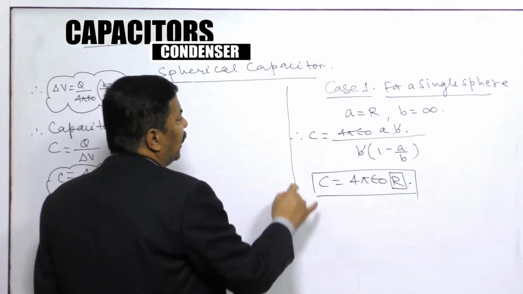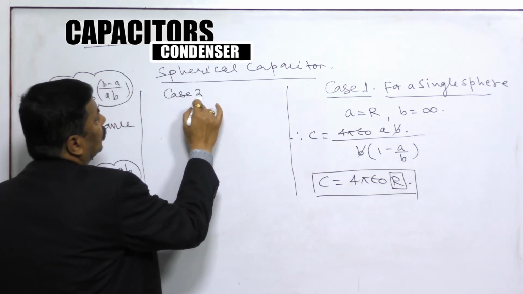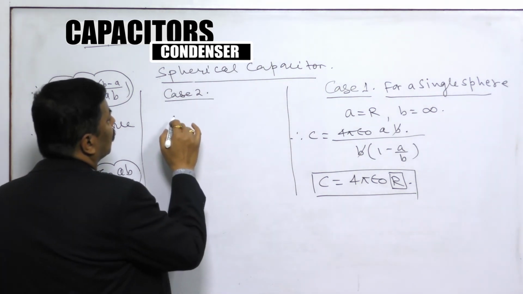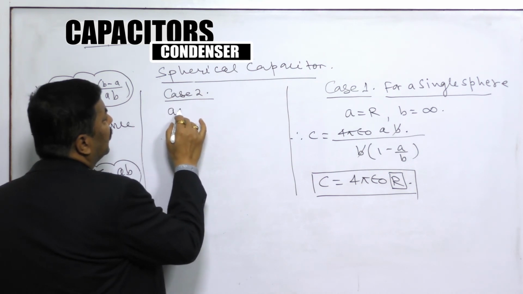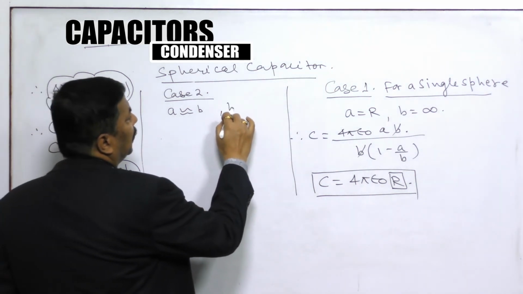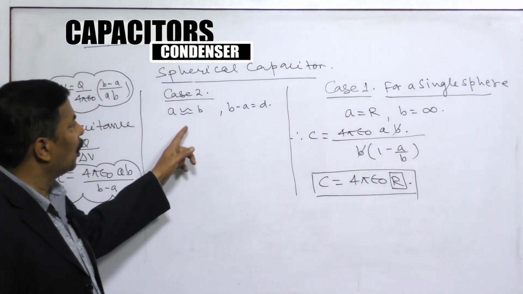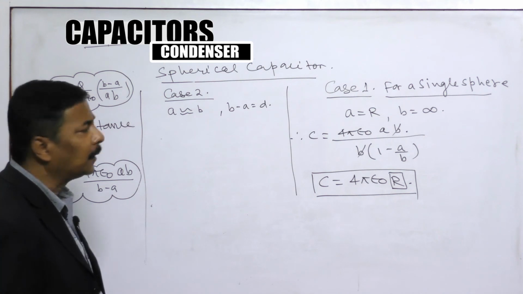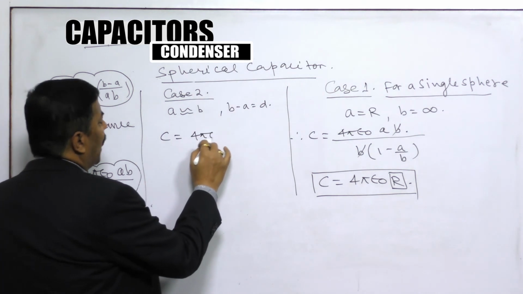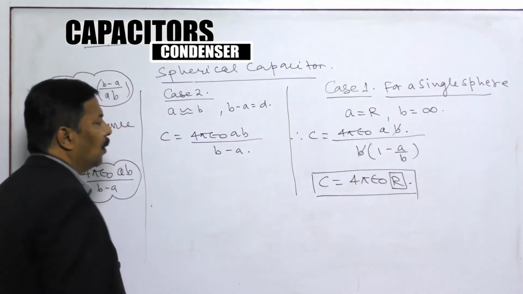Now take the case of case 2. When the separation between the spheres is very small, that is A is approximately equal to B and B minus A is equal to D, very small. Separation is very small. In this situation, C is equal to 4 pi epsilon naught AB by B minus A. What I am doing?